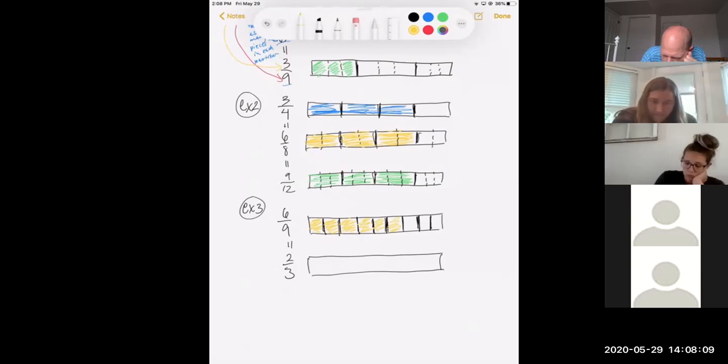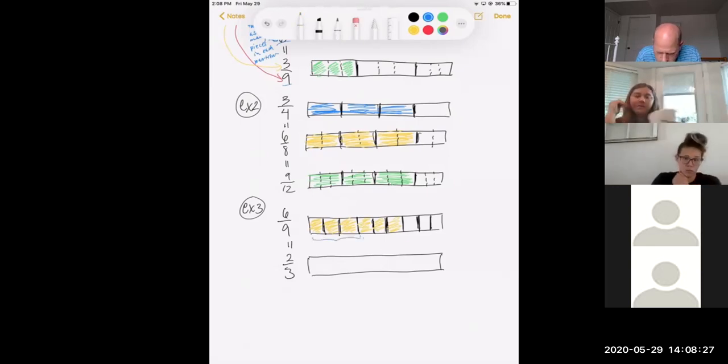Now, we have to systematically combine them together. So 6 can be grouped into groups of 2 and groups of 3. But you can't just pick any group size. Let's say groups of 4.